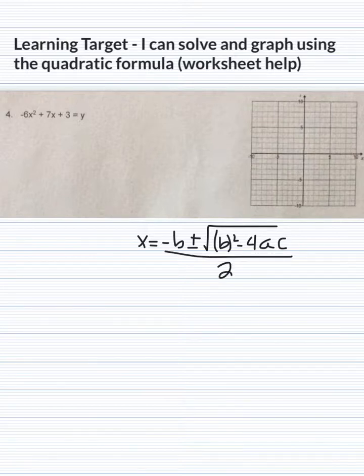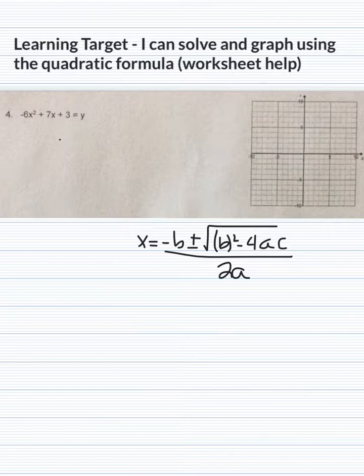So first things first, hopefully you know x equals the opposite of b plus or minus the square root of b squared minus 4ac, all over 2a. Okay, so let's plug away. So the opposite of b is 7.